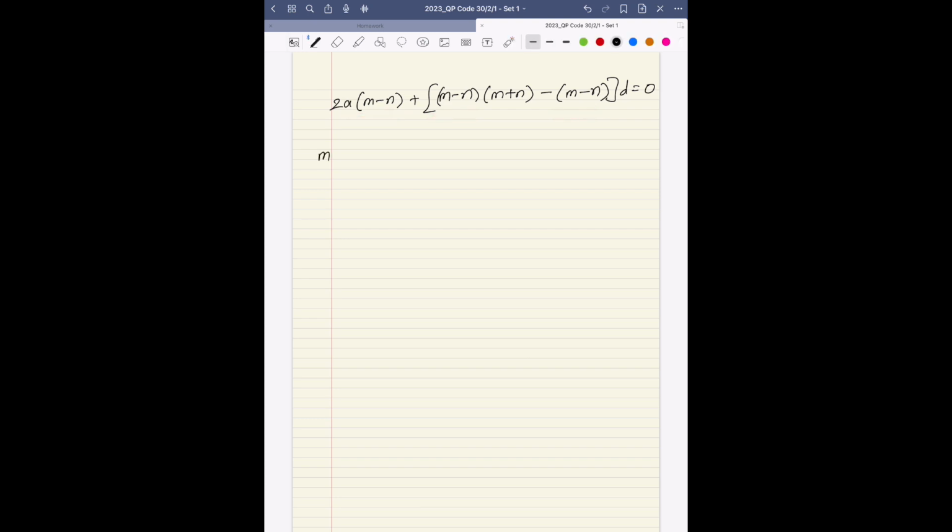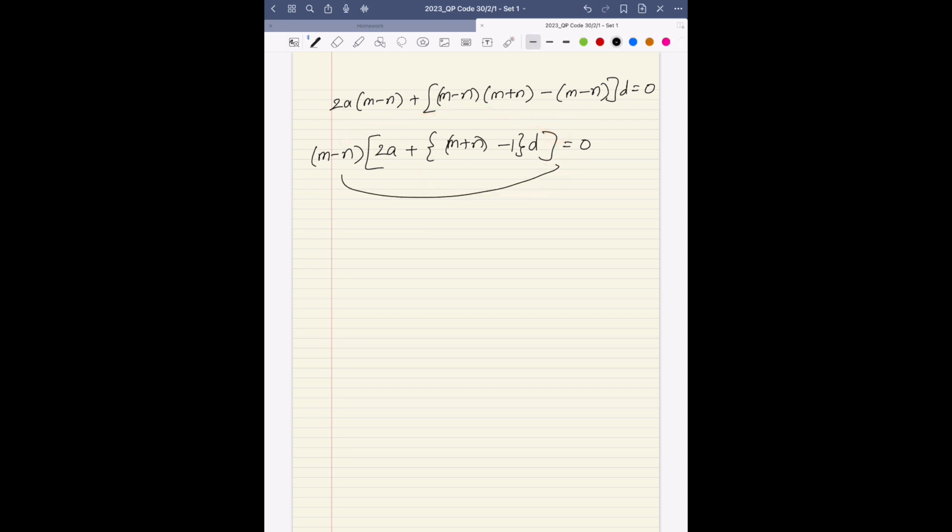Take it common. Put a big bracket, you get 2a plus, put a curly bracket, you get m plus n minus 1. D is equal to 0. Now this looks like a very big bracket, but it's a bracket only, right? So either this is 0 or this is 0.